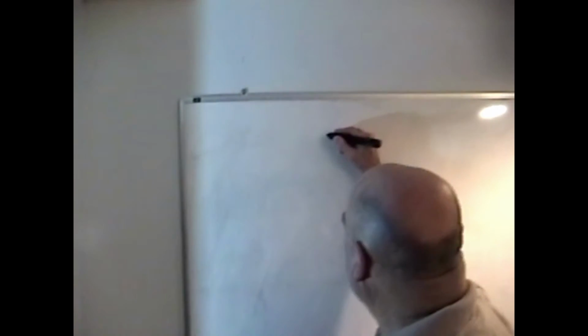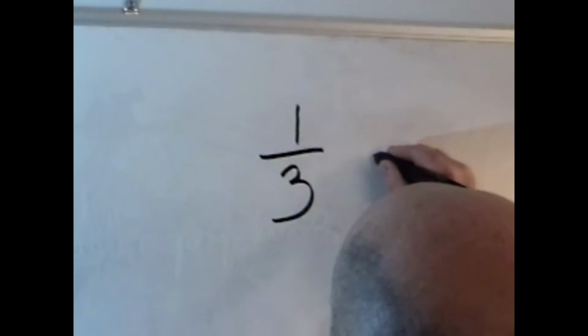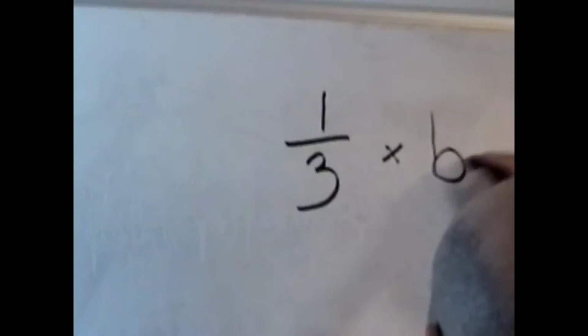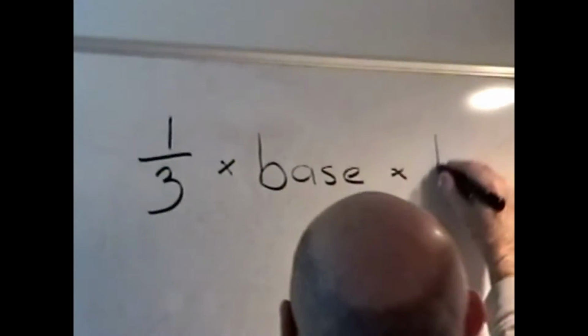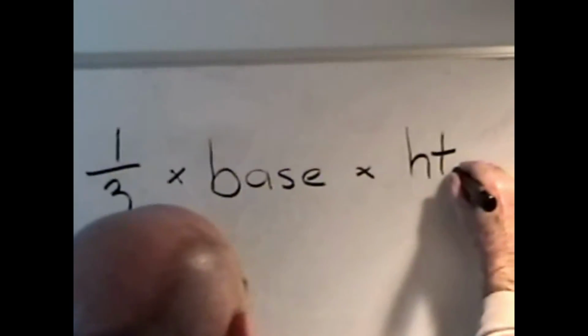So, putting a few things together, here's what we have. The formula for the volume of a pyramid is 1/3 times the area of the base of the pyramid times the height of the pyramid.